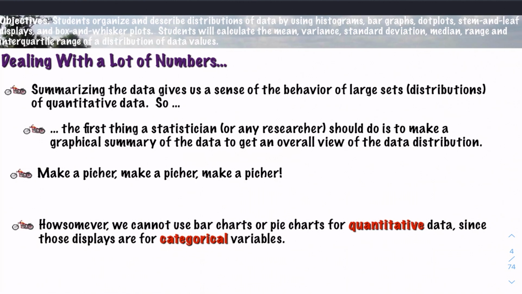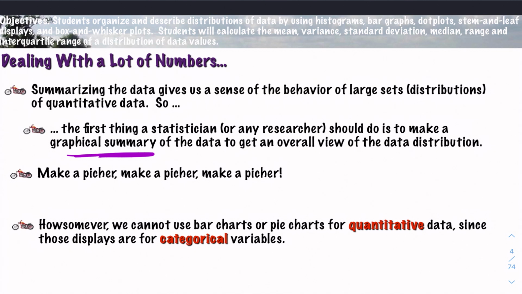So when you are dealing with a lot of numbers, it's important that when you're summarizing the data, you give a sense of what these large data sets are behaving like. If we're looking for the behavior of large sets or distributions of quantitative data, the first thing any statistician or researcher should do is to make a graphical summary of the data to get an overall view of the data distribution.